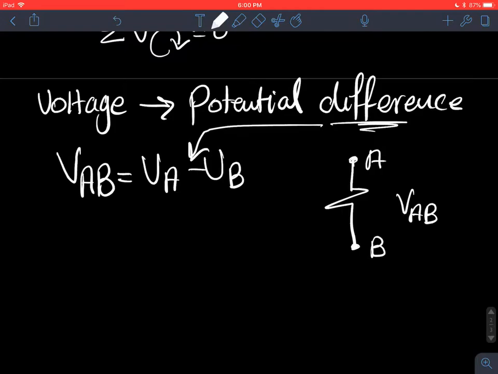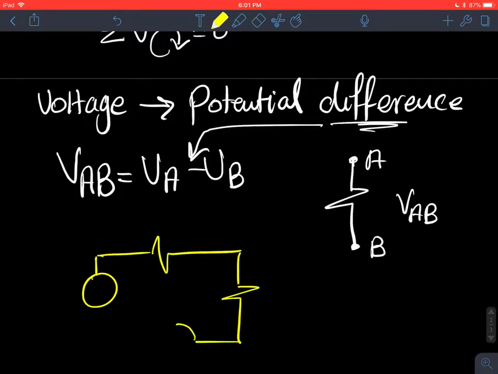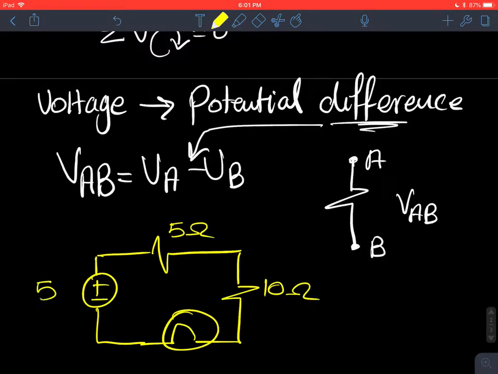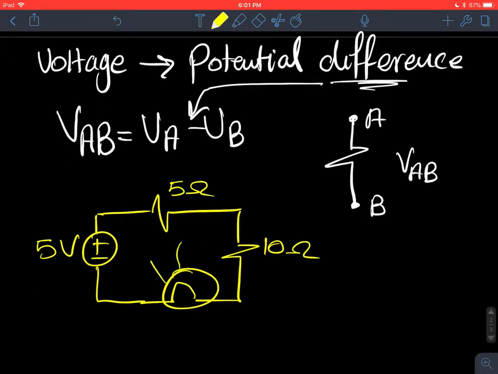So the way this makes sense is that, let's assume that we have a circuit. Here we have a bunch of resistors and a light bulb. This is a battery source, so this is a 5 ohm resistor, this is 10 ohms, this is 5 volts, and this is a light bulb. So let's say we have point A right here.